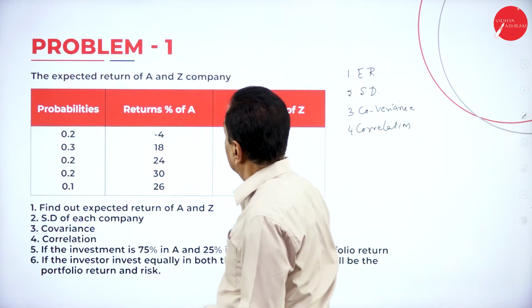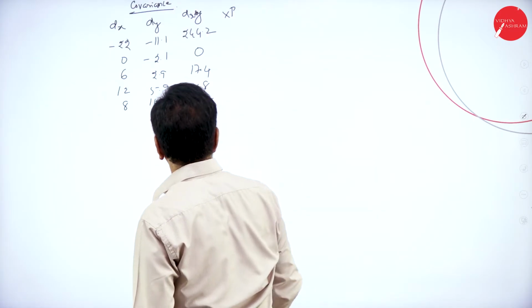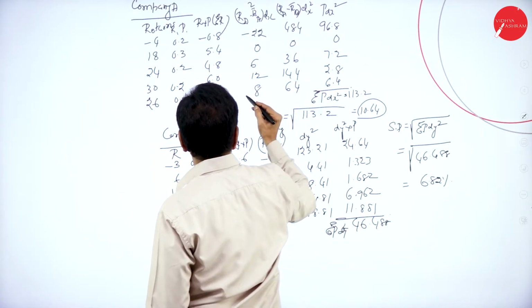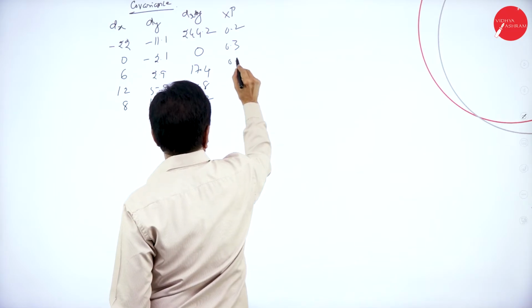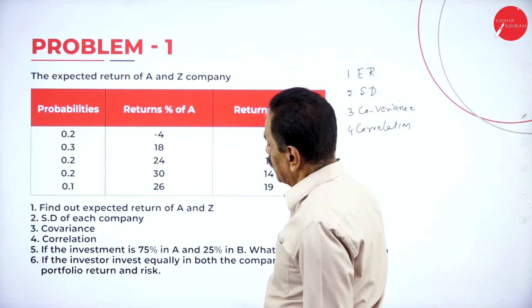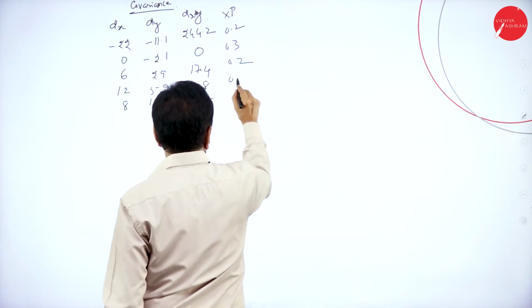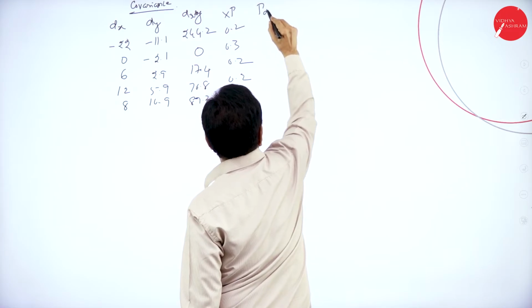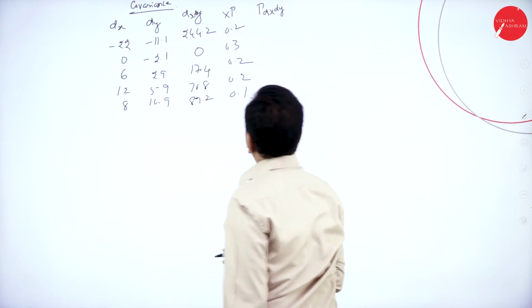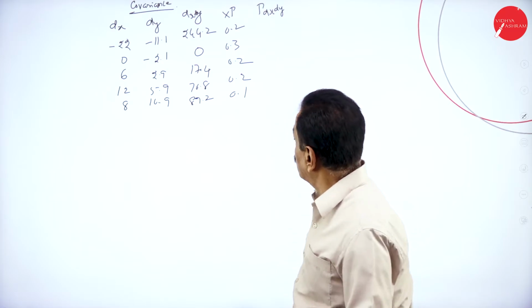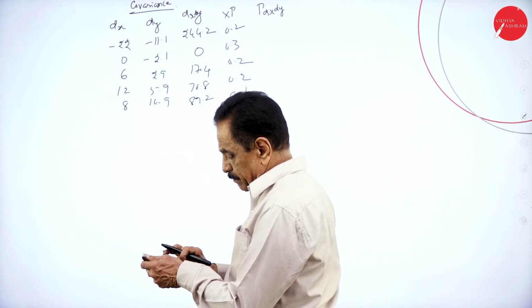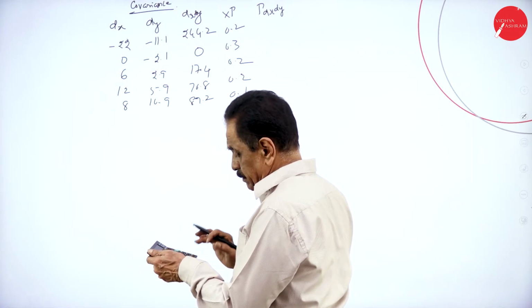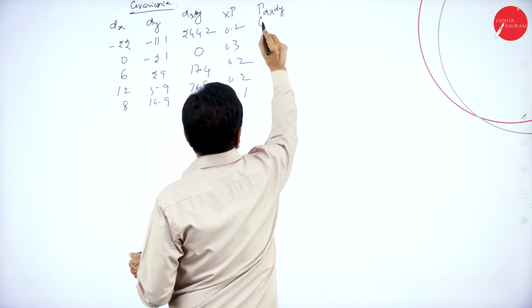What are your probabilities? 0.2, then 0.3, 0.2, then 0.2, 0.1. So P dx dy: 244 into 0.2, 48.8.